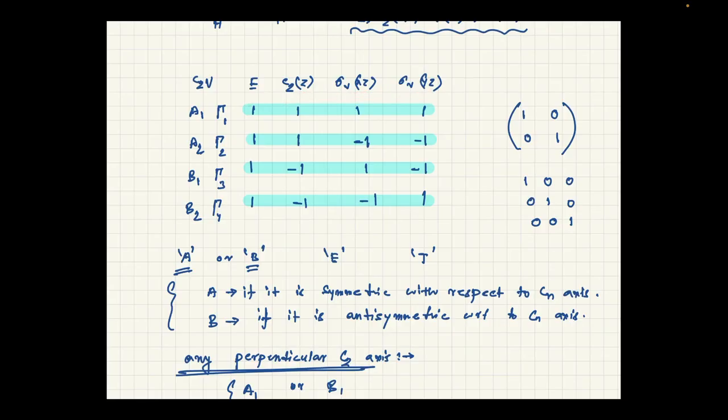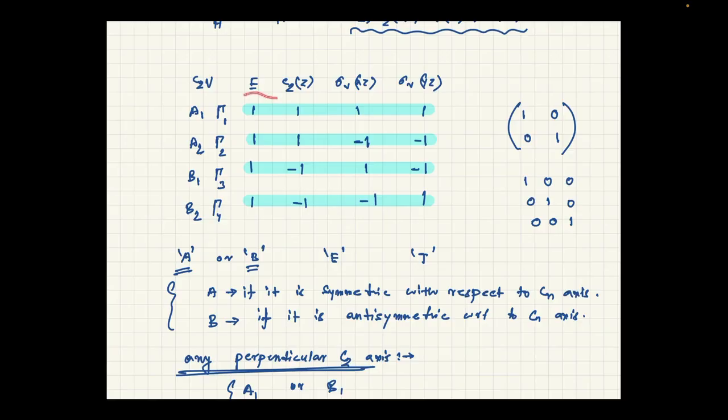Then you have to look for any classes. Classes means some symmetry operations are conjugate to each other, that is, they can be written by similarity transformation. For C2v, these 4 operations form individual classes.